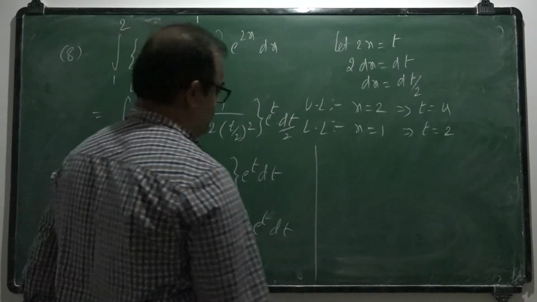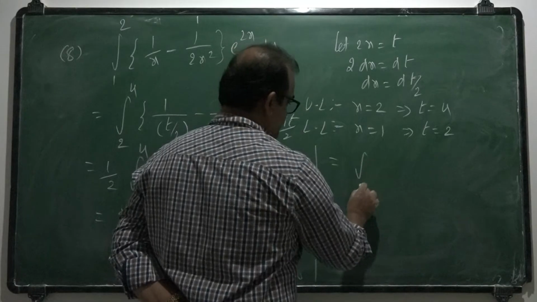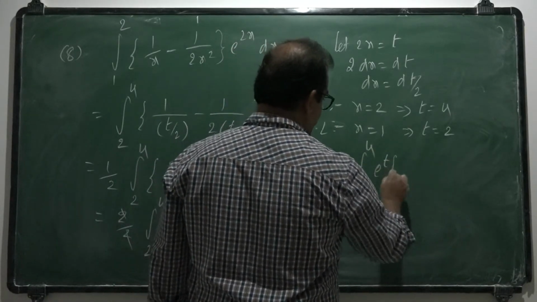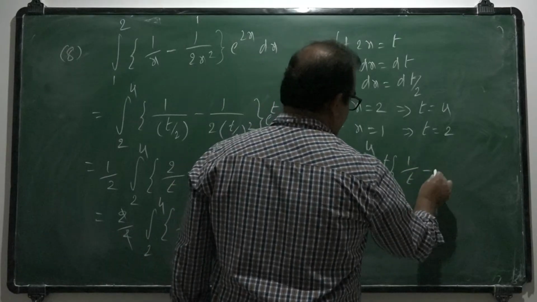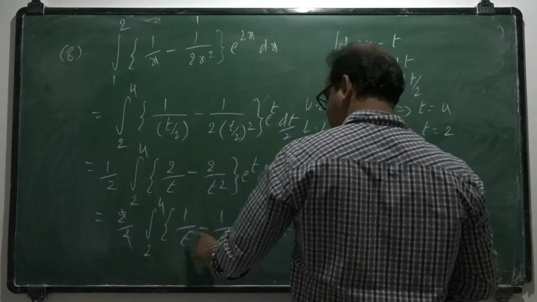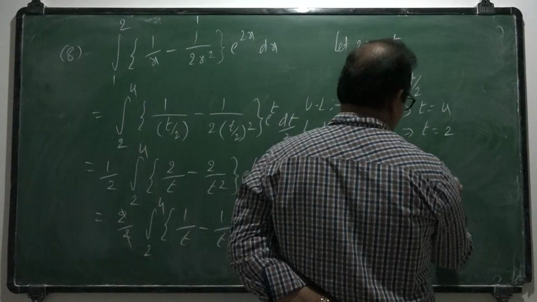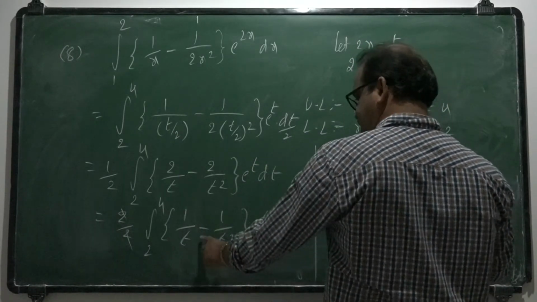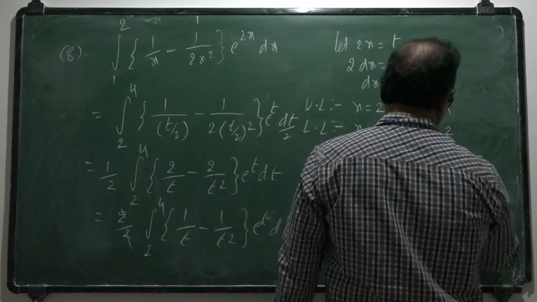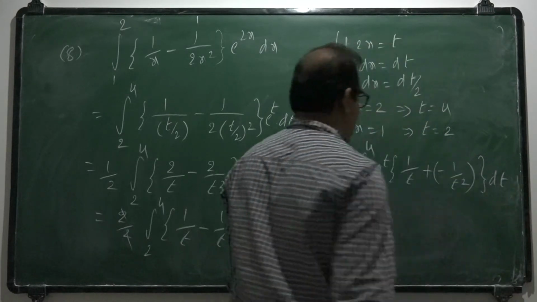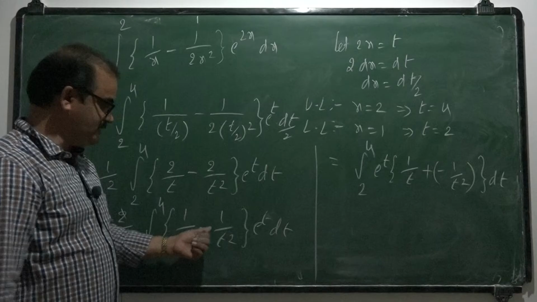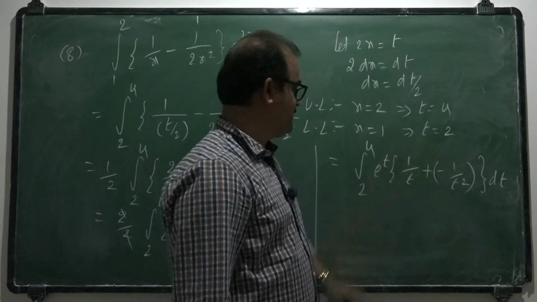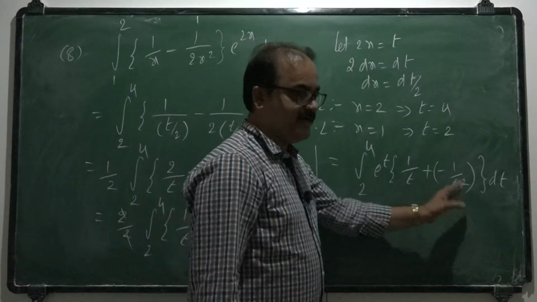Now write it as integral 2 to 4 e power t into 1 by t minus 1 by t square, that is taken as plus into minus 1 by t square, plus into minus, again minus, into dt. Why do we write in this form?